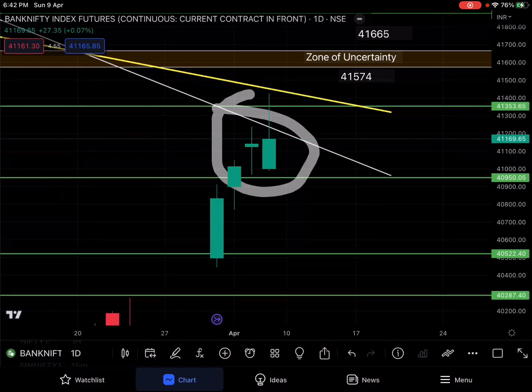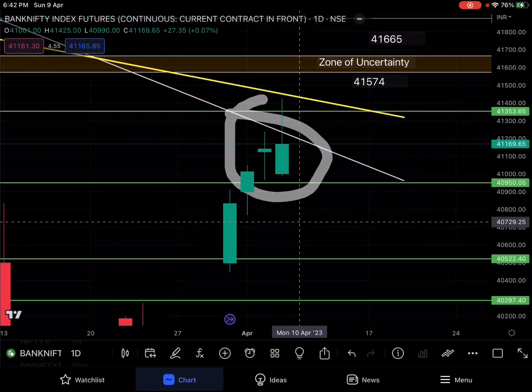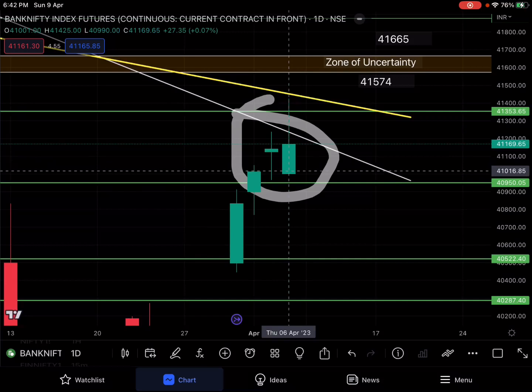As you can see, the last one-day candle has crossed the trend line coming right from last December, and also touched the other trend line which we drew from February. The point to note is that we have seen a rejection from these trend lines, and it closed below the major trend line.